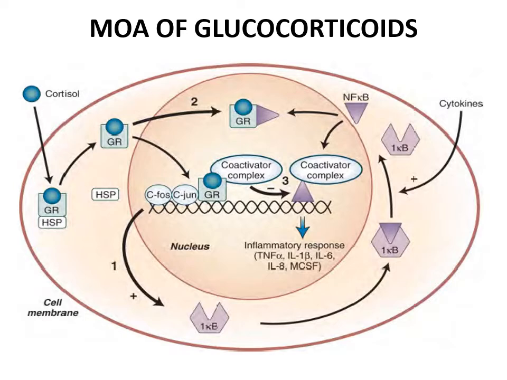The interaction between glucocorticoid receptor and two particular transcription factors is important in mediating the anti-inflammatory effects of glucocorticoids, and these two transcription factors are c-Fos and c-Jun, and they are subunits of activator protein 1.